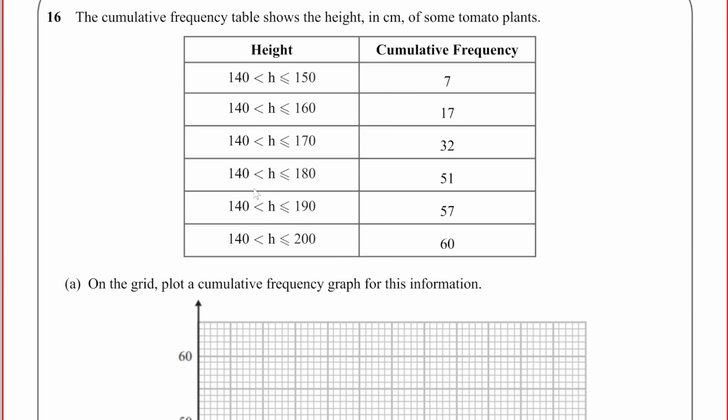In these ones, we are plotting the top point against the cumulative frequency. So it's 150 against 7. So in a cumulative frequency, it's the top point, because the midpoint's meaningless in this. 140 to 200 just means everything up to 200. Everything up to 190.